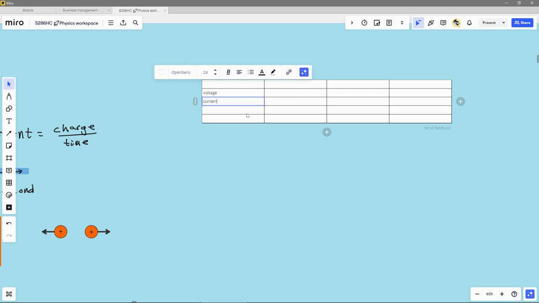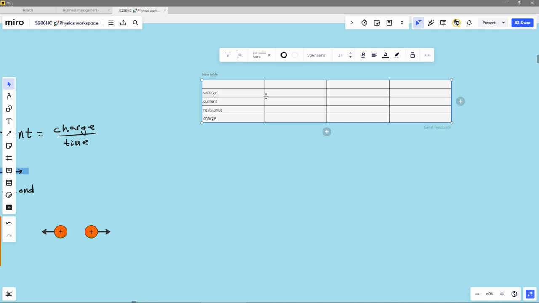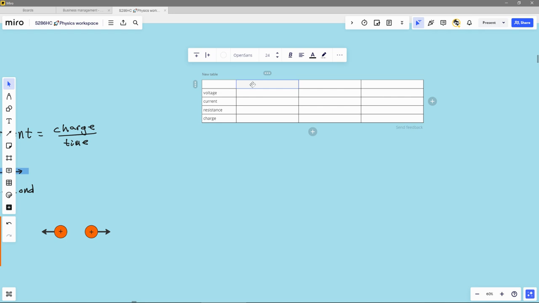current, resistance, and charge. And what do we want to know about these things? Well, first of all, let's say what is the symbol for these different things?